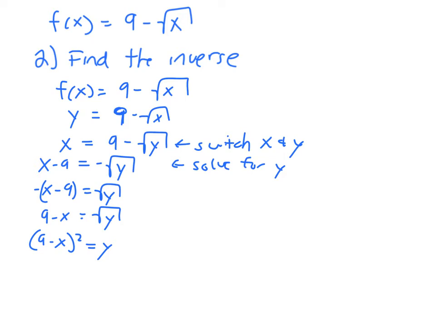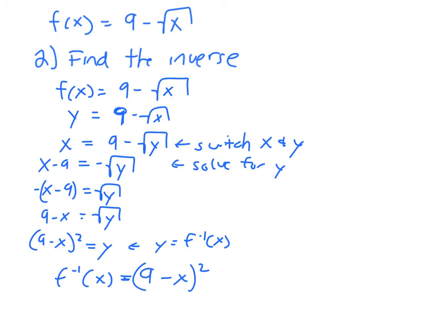Alright, so the last step is, y is now f inverse of x. So I'm going to go ahead and write that. f inverse of x equals (9 minus x) squared. Okay. One thing, so what is the domain of f of x?